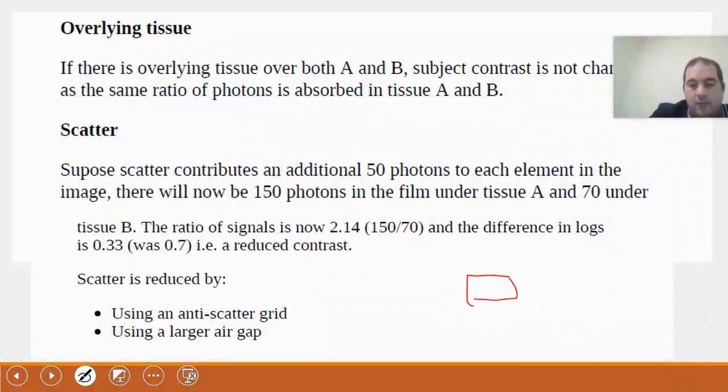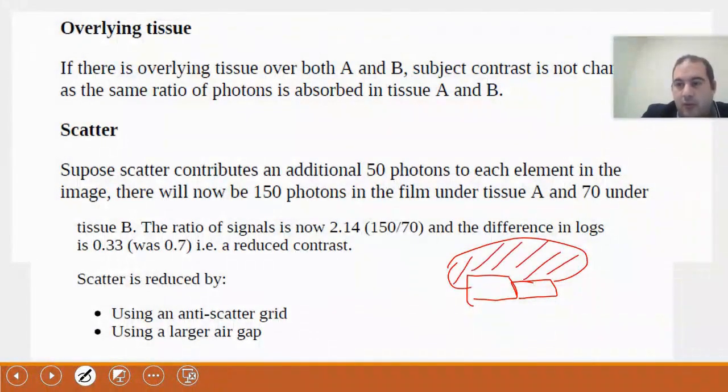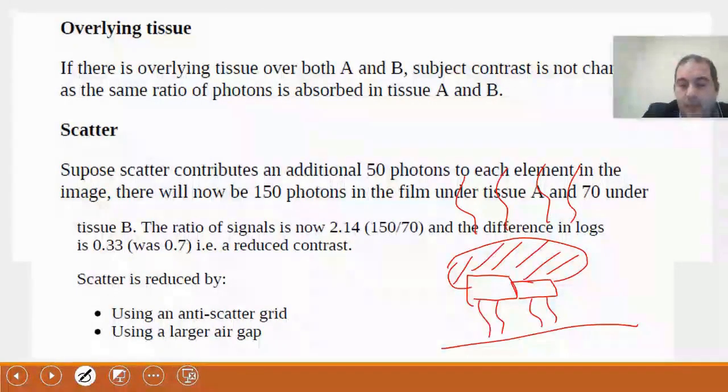there is a second group, and here there is a covering group, meaning there is something covering this second group. The transmitted photons here refer to the difference in transmitted photons between the two groups, like A and B. Will the ratio differ between them? It will differ.